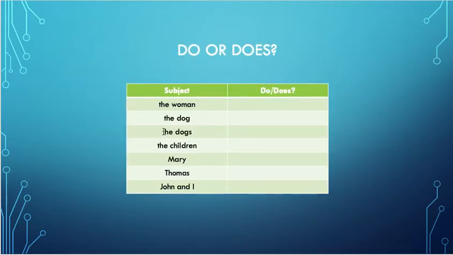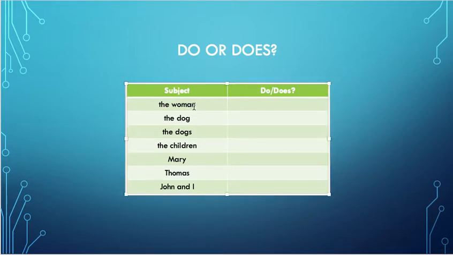Now, in the questions we finished, the subjects we used were like he, she, we, they, etc. Sometimes the subject is not he or she or you or I, etc. Okay? Now, let's say the subject is the woman.